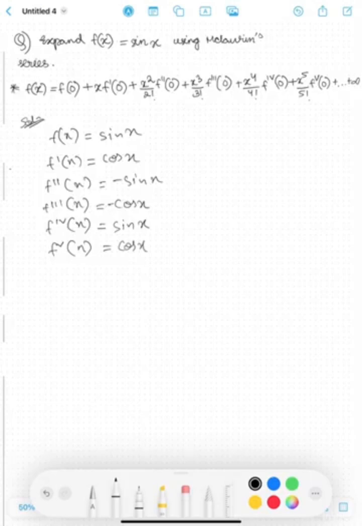So now we know that it's a Maclaurin series, so we should be aware of the fact that instead of a we should take 0, so it should be f(0).